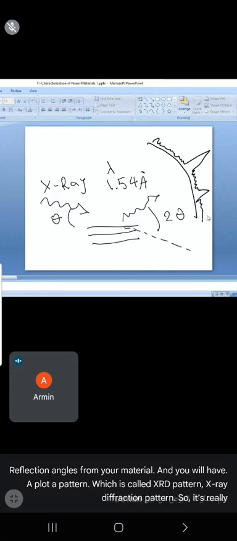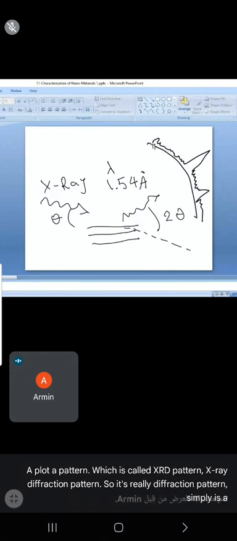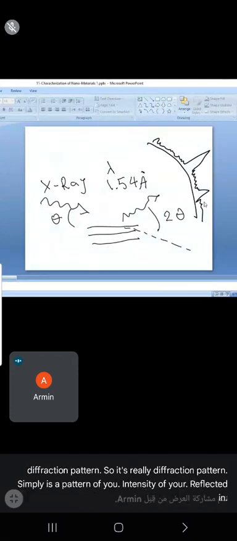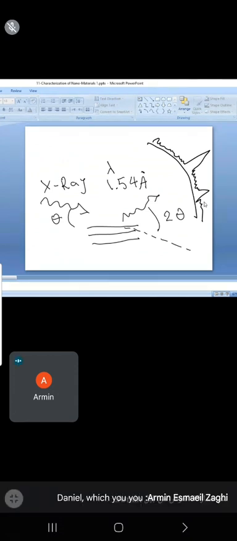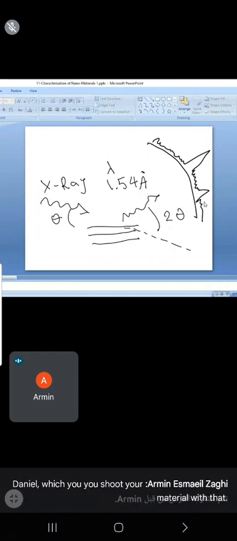So the X-ray diffraction pattern simply is a pattern of the intensity of your reflected beam versus the angle at which you shoot your material.